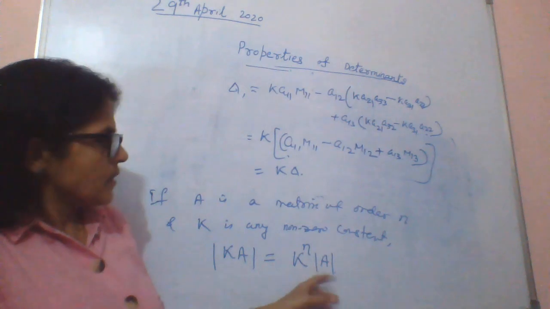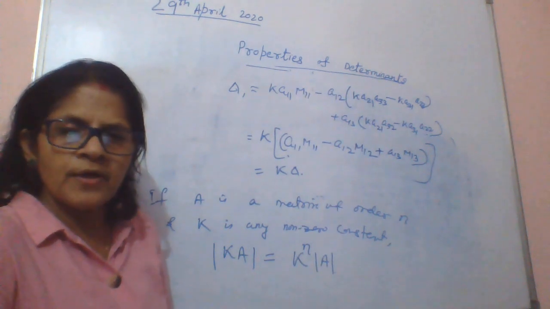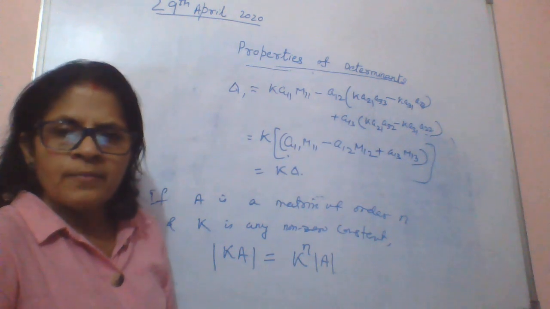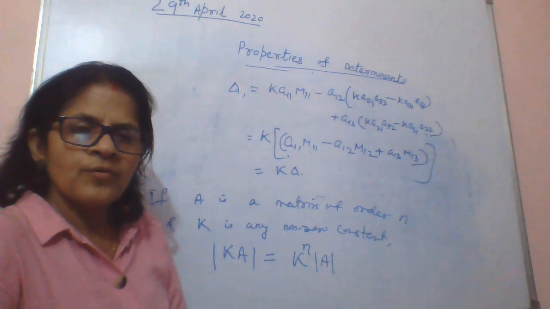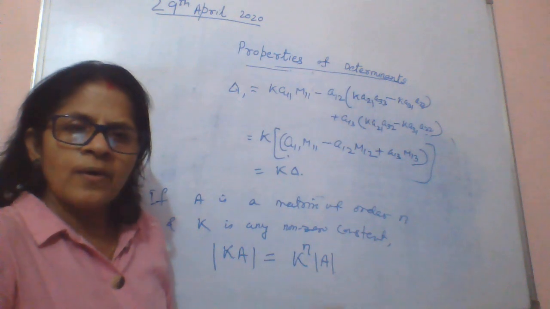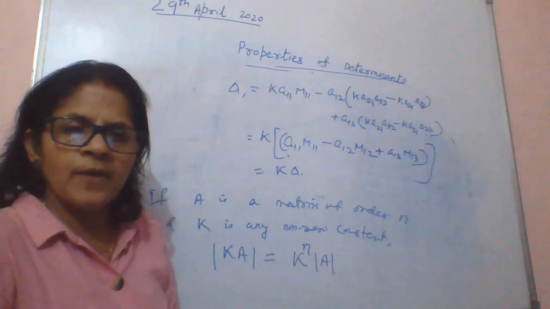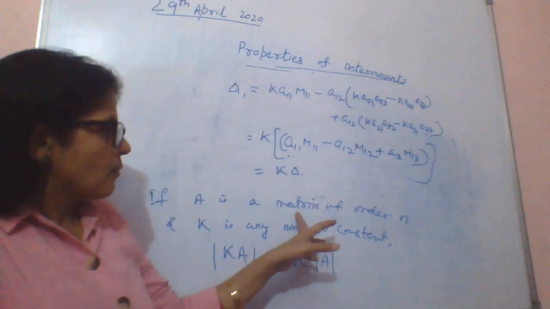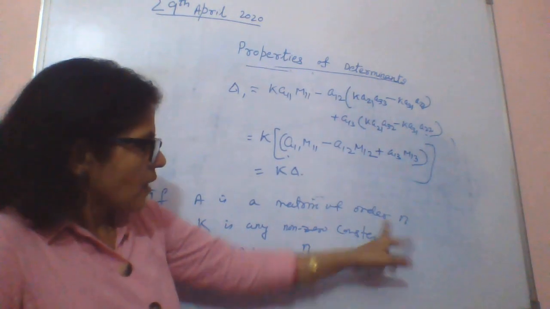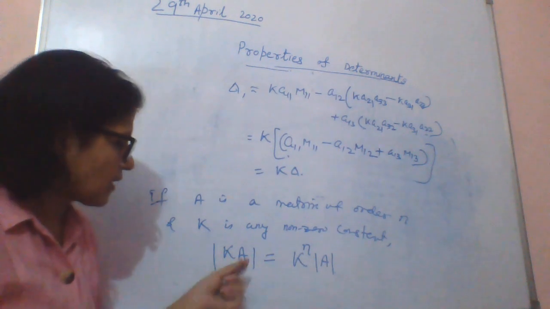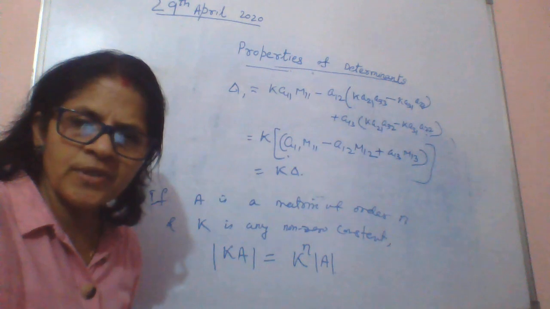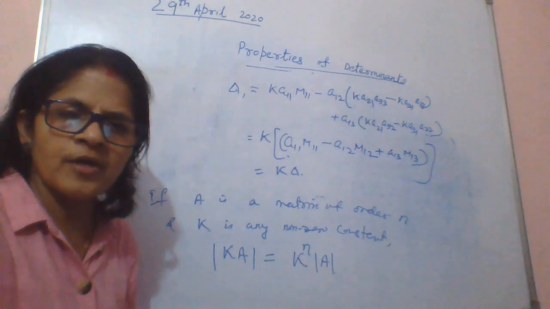So why does this happen? Because in case of determinant we consider only one row or one column, but in case of matrix, all the elements are multiplied by that constant, right? So if you have a matrix of order n and multiply by k throughout, you are getting k multiplied with all the n square elements.